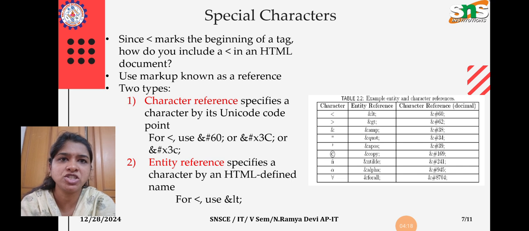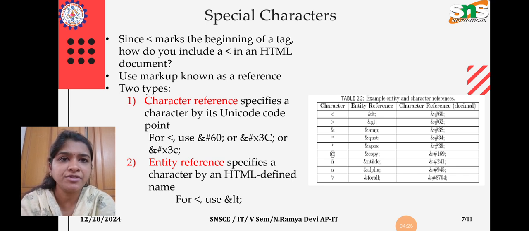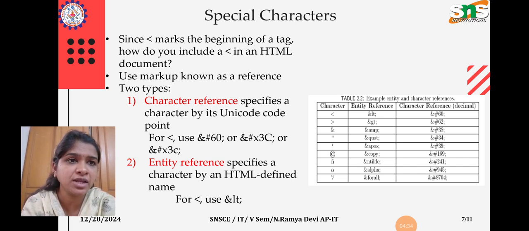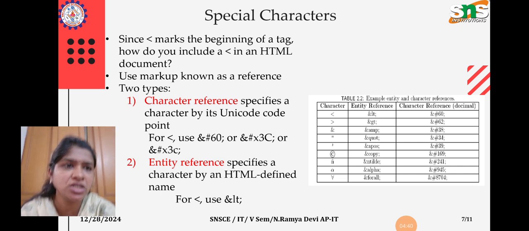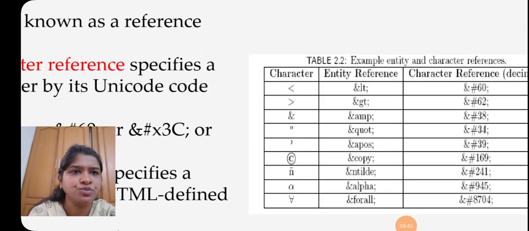So these are the special characters. Since the greater than and less than symbols are used for HTML tags, we use a character reference when we have to display those characters in a web page. For example, the less than symbol can be displayed as an entity reference, ampersand lt, or as a character reference, ampersand #60, and the greater than symbol as ampersand gt or ampersand #62.